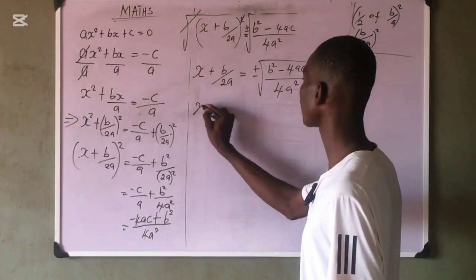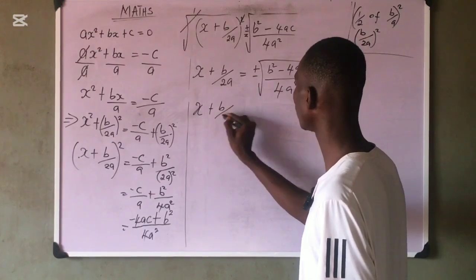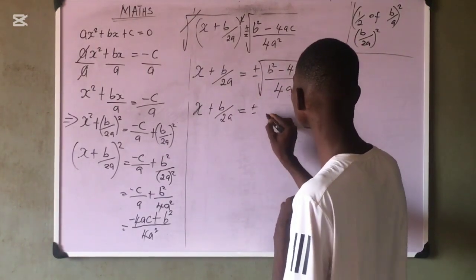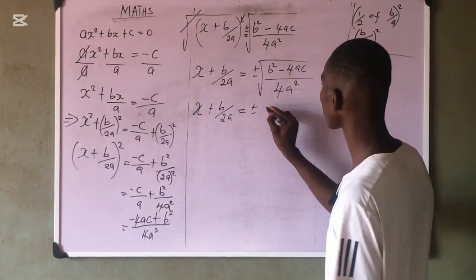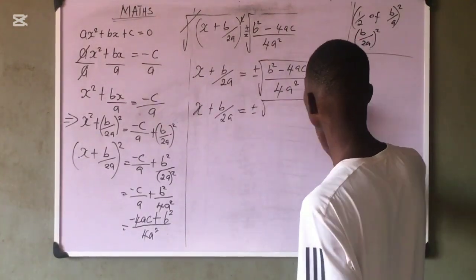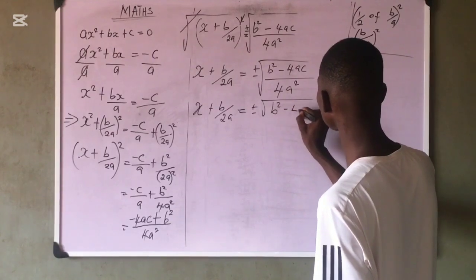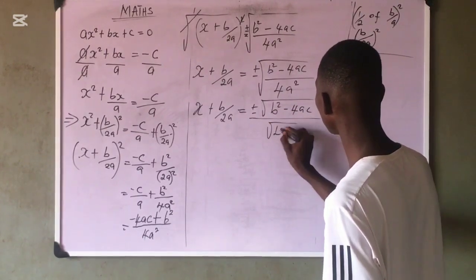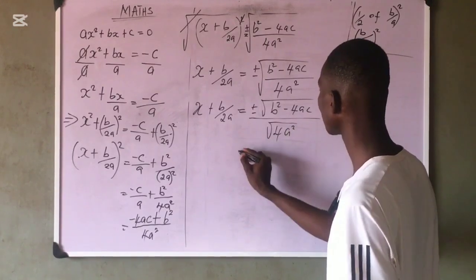Now at this point, I will share the square root: one will go up for b squared minus 4ac, and the other one will be for 4 and a squared.